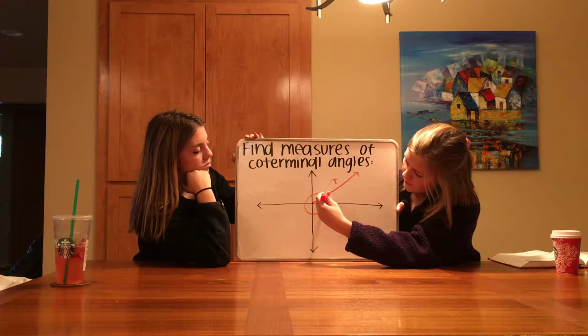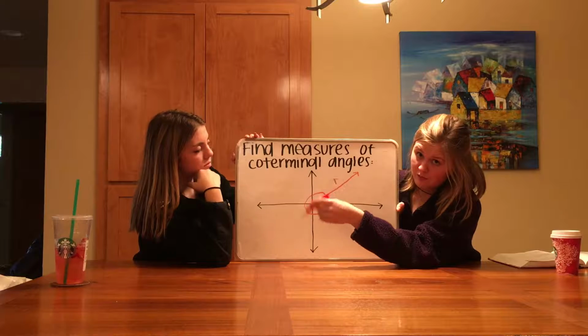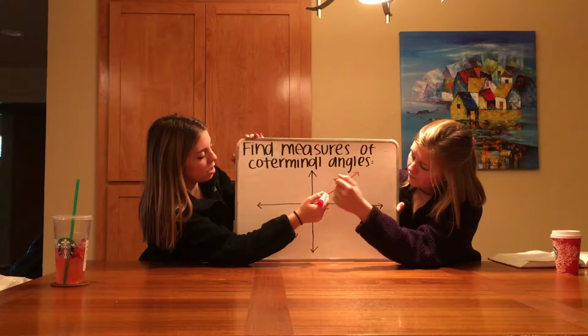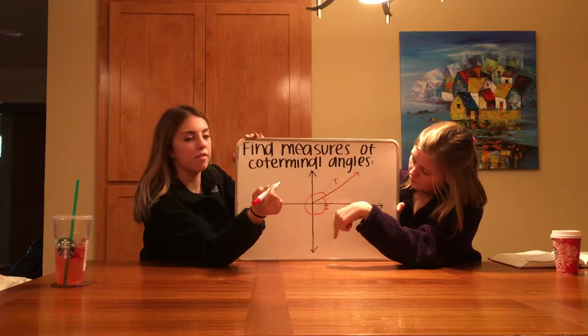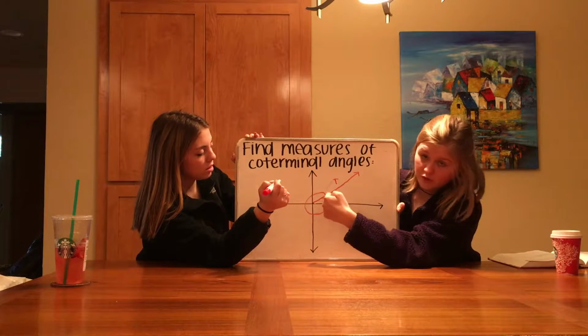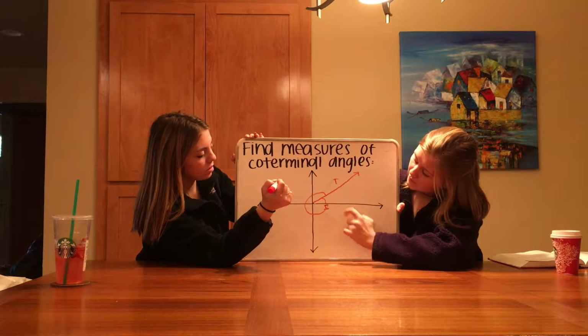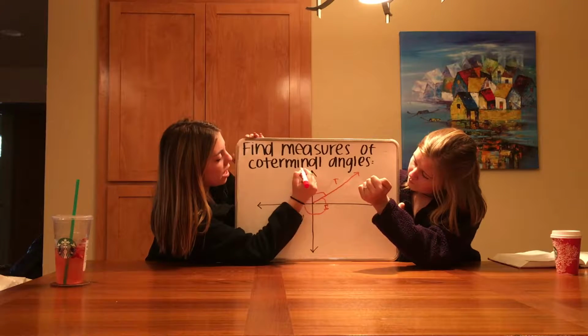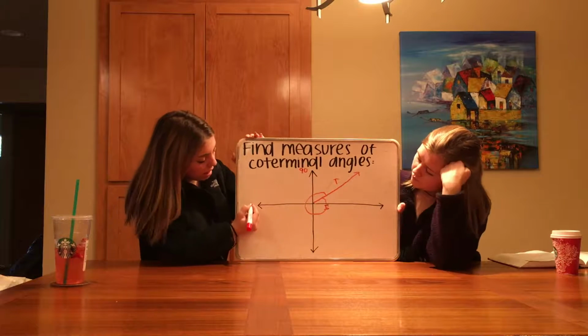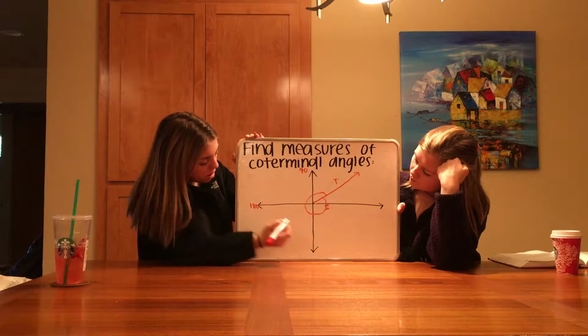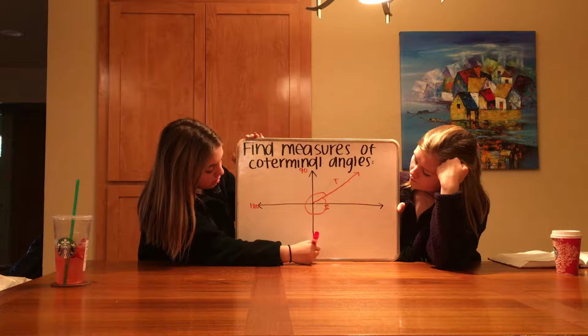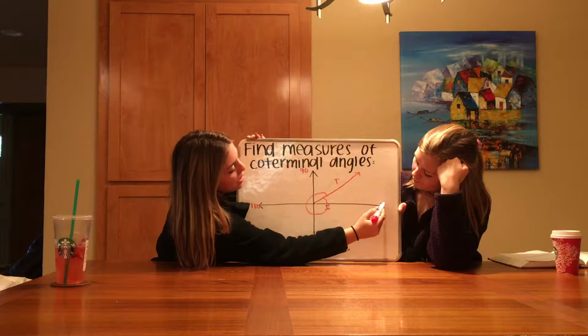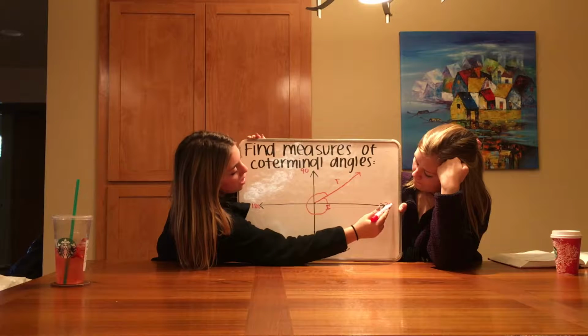If you see that huge circle I drew, that's representing our whole angle, going around all quadrants of the graph. So up here is 90, 180, down here is 270, and over here is 360, just to give you an idea.